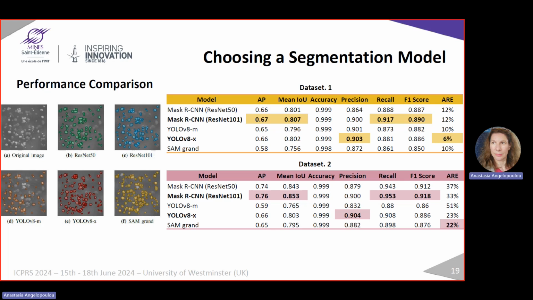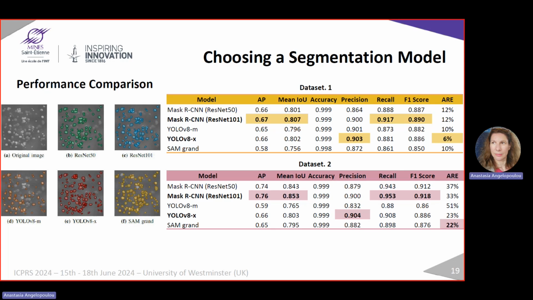The accuracy doesn't provide us with a lot of information actually. So we discarded that because the accuracy was fairly high for every model. The precision was not the best metric here because again, we wanted the segmentation mask and not the background. So the recall and F1 score were very important to us.